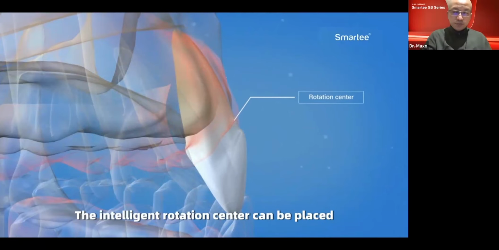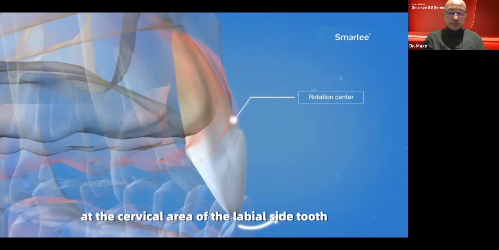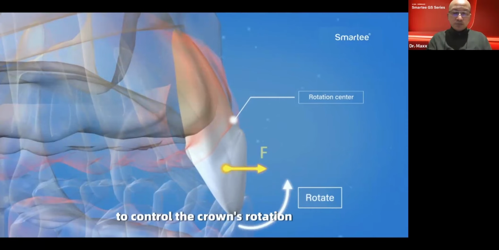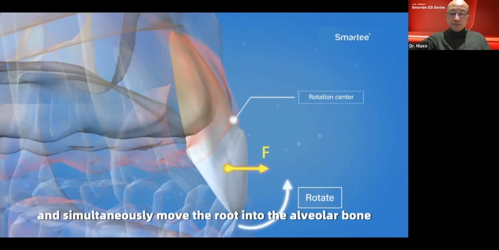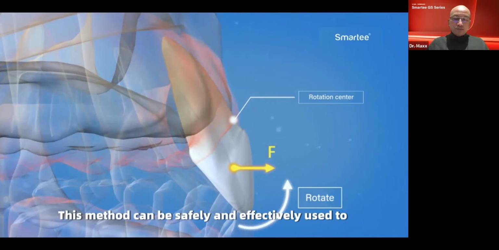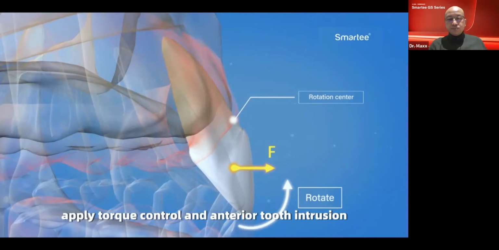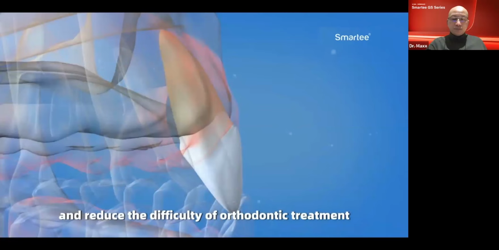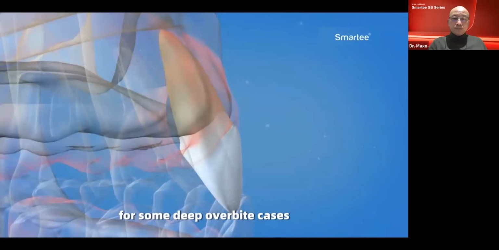The intelligent rotation center can be placed at the cervical area of the labial side tooth to control the crown's rotation and simultaneously move the root into the alveolar bone. This method can be safely and effectively used to apply torque control and anterior tooth intrusion and reduce the difficulty of orthodontic treatment for some deep overbite cases.